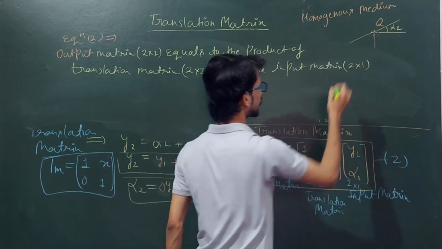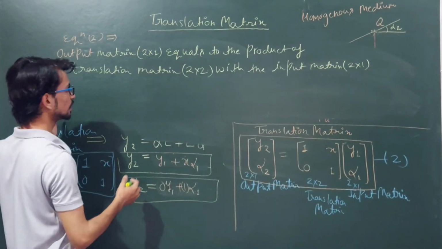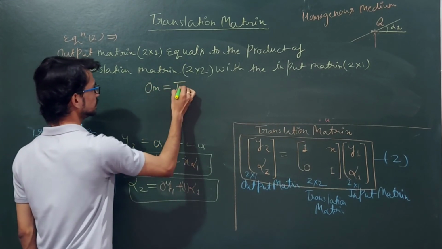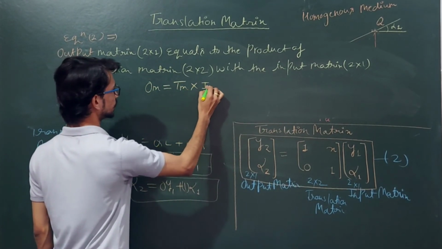As I have written here, the output matrix equals the translation matrix multiplied by the input matrix.